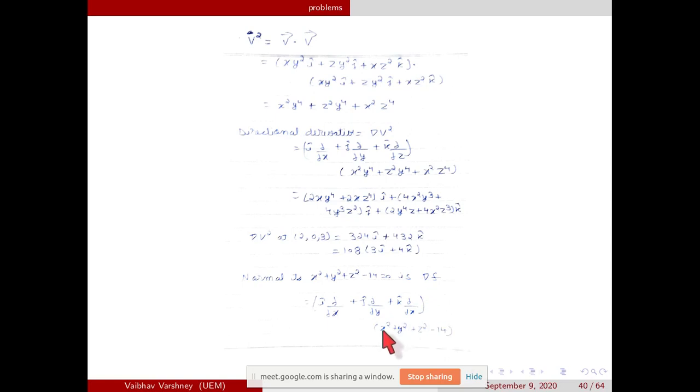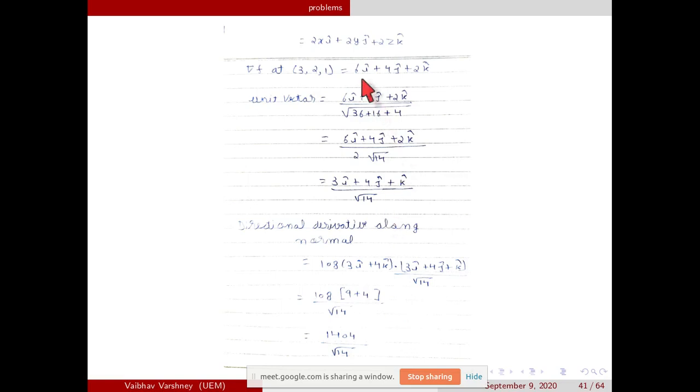Okay, sir. So this will operate on this, because 14 is a constant and the derivative of 14 is 0. So del by del x will operate on x, del by del y on y, and del by del z on z. So we will get 2x i cap plus 2y j cap plus 2z k cap, and we have to calculate the directional derivative at (3, 2, 1).